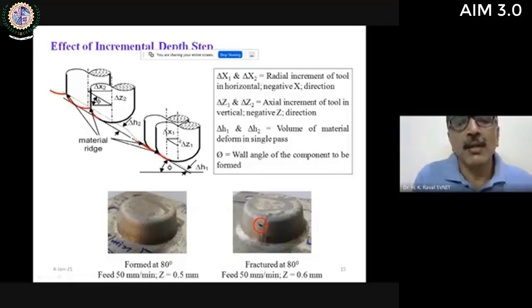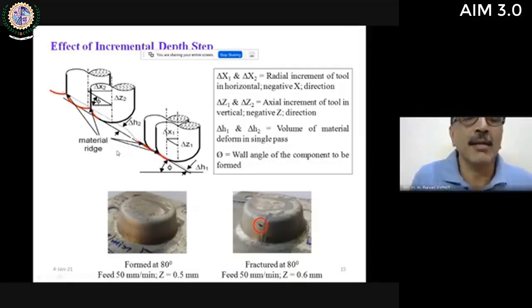Where Z is small, you will find almost negligible left out or undeformed material, which is shown as delta H1 and delta H2. So these control surface roughness, and the forming time also. If your Z is low, material deformation will be more controlled. If Z is high, material deformation will be less controlled.